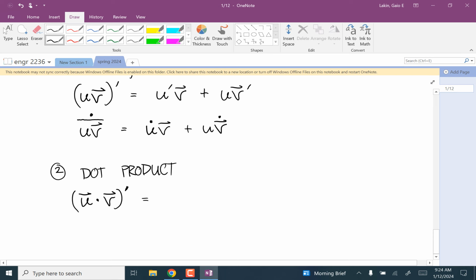It works out just the same as it did before. You take the derivative of the first vector, which gives you a vector back, and then you take the dot product of that with the other vector, and then you add that to the first vector dotted with the derivative of the second vector.